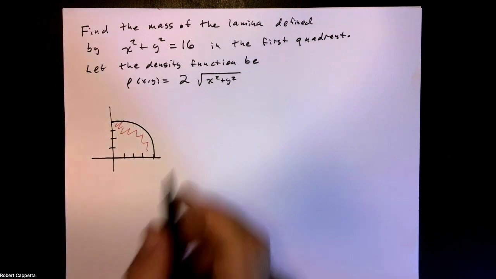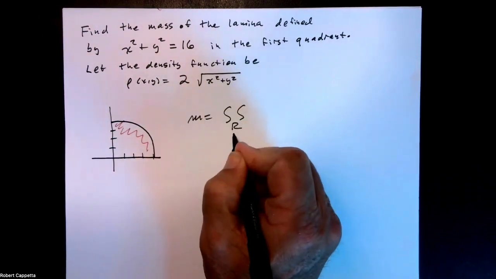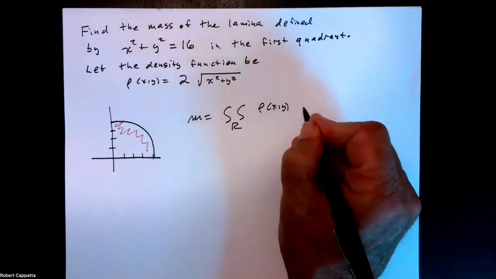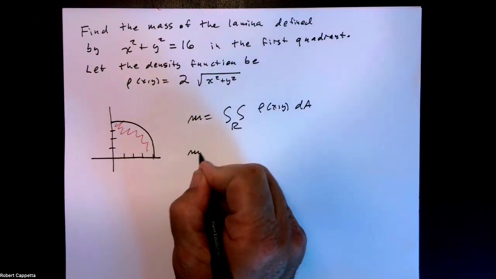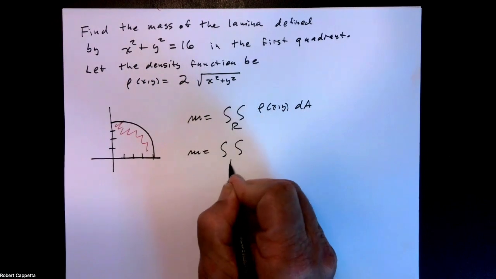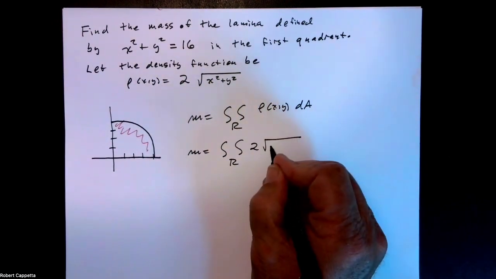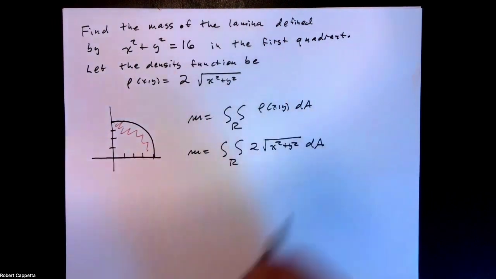We showed earlier that the mass of the lamina is a double integral over the region of the density function, dy dx, which I'm going to go ahead and say dA here. So if we're plugging this in, then we get that mass is a double integral over that region of twice the square root of x squared plus y squared dA. And I hope it's obvious that this makes a lot more sense to go ahead and convert to polar coordinates.